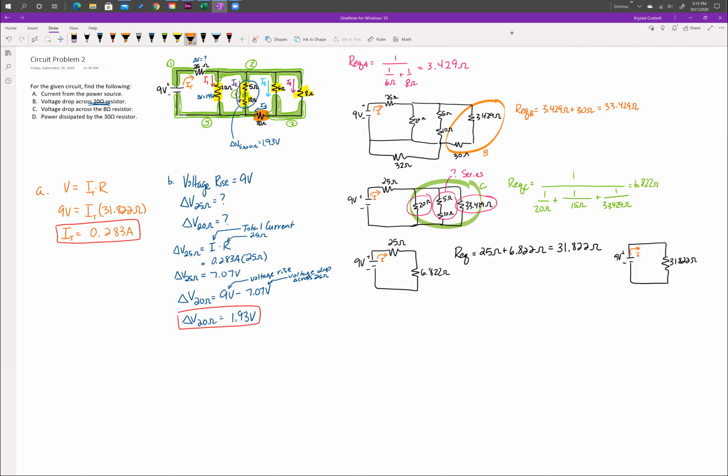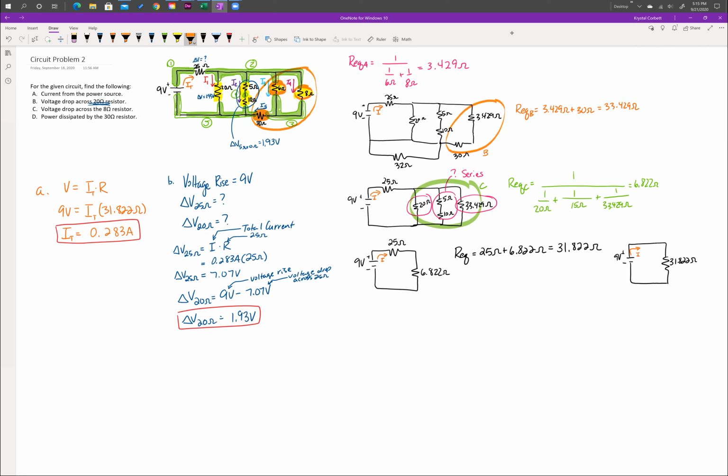Now, that 30 ohm resistor causes the 6 and the 8 ohm resistors to not be in parallel by themselves with the 5 and the 10 ohm resistors and the 20 ohm resistor. The 6 and the 8 ohm resistors are in parallel with one another and in series with the 30 ohm resistor. And then this whole segment is in parallel with the 5 and 10 ohm resistors and the 20 ohm resistor.